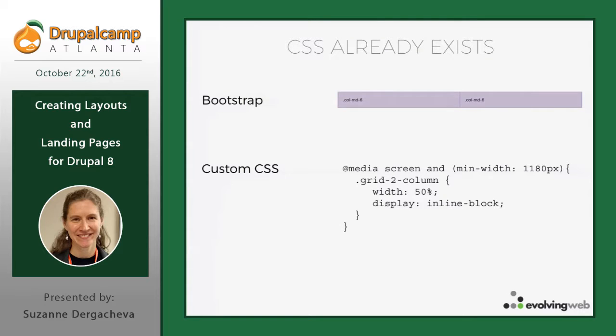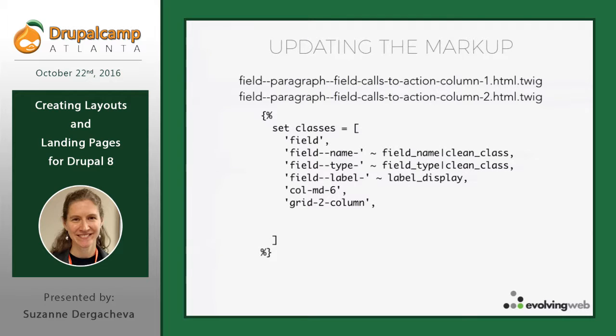So for example, if you're using Bootstrap, you've got some classes to define a 2-column layout. This CSS already exists in your theme because that's what the framework comes with. And then if you're putting in these paragraph calls to action, you've got to update the templates for those paragraphs and add the new classes to the template itself.